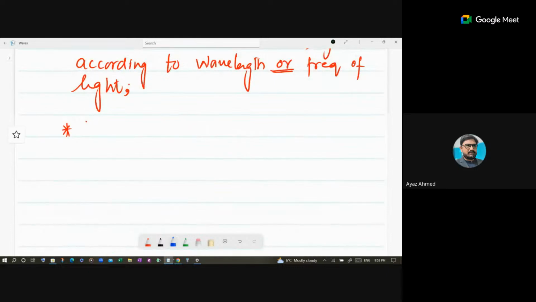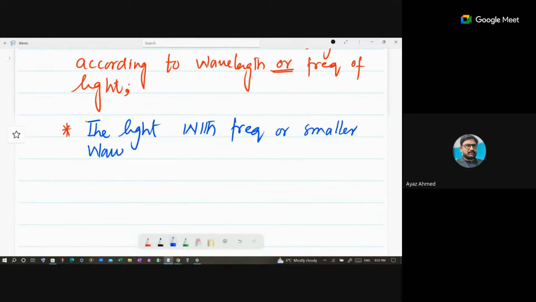I will explain this in detail. The light with higher frequency, or smaller wavelength, is bent more.